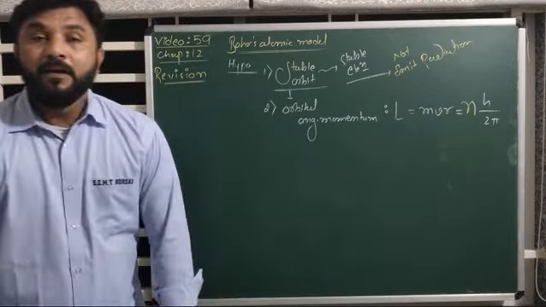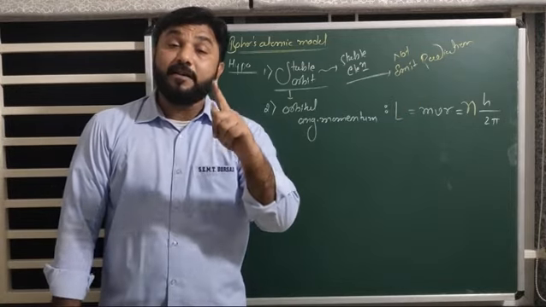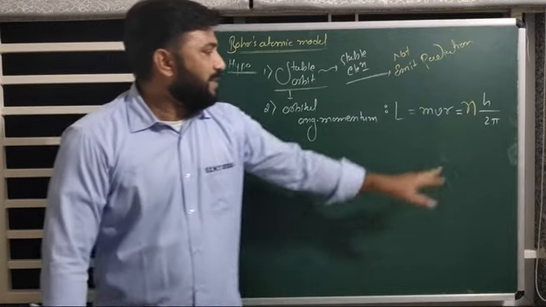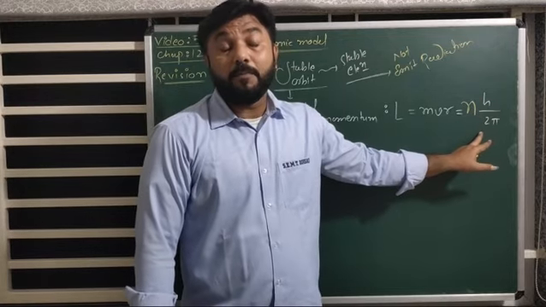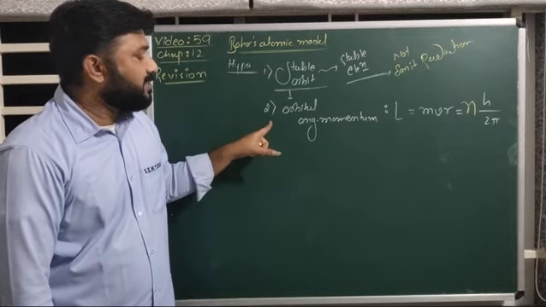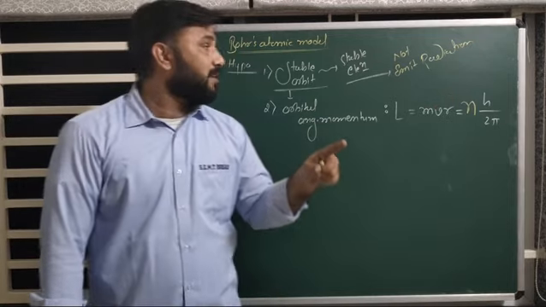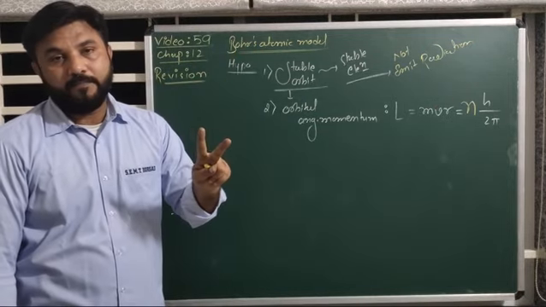What is n? 1, 2, 3, 4 and so on, and n indicates the number of the orbit. What is h? h is nothing but the Planck constant. So you have to write these two in proper sentences if it is asked as a 2-mark question.